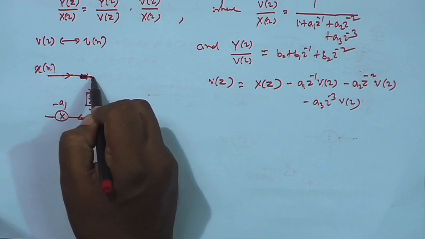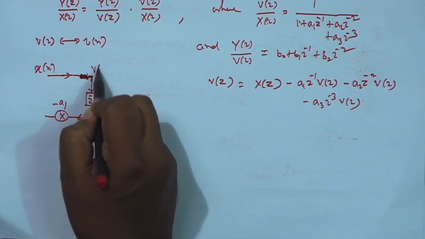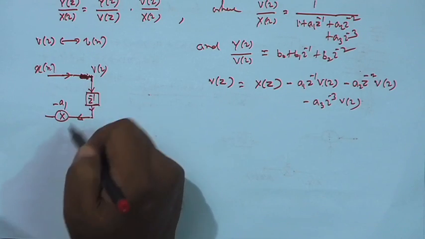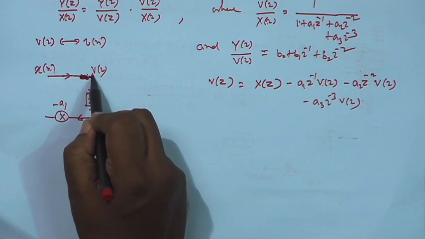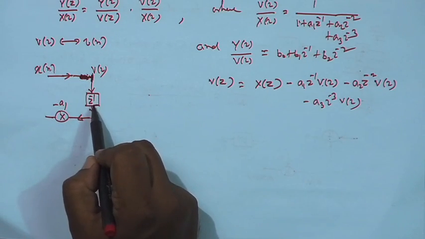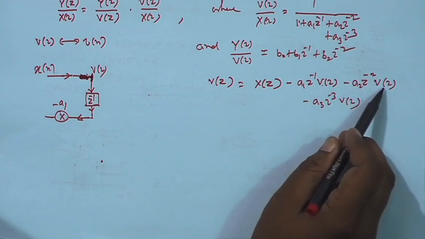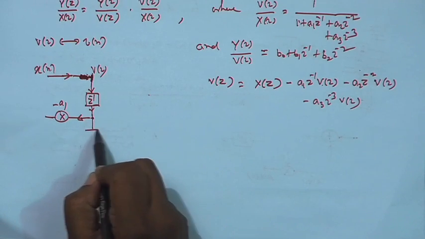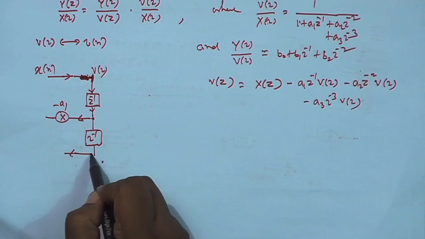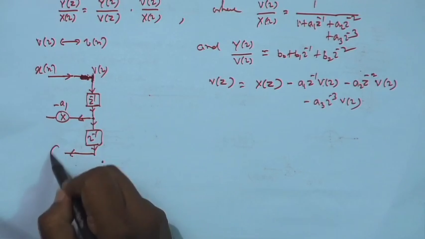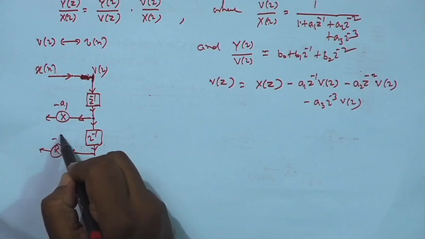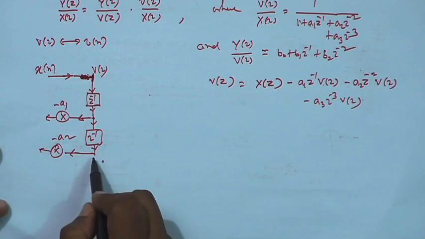Suppose somewhere or other I have V(z) here. Okay. Somewhere or other I have got V(z) here. So, V(z) Z inverse into minus A1, that is this. Then V(z) Z inverse 2 means one more Z inverse, into minus A2.